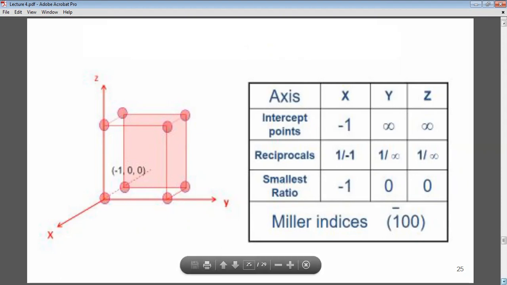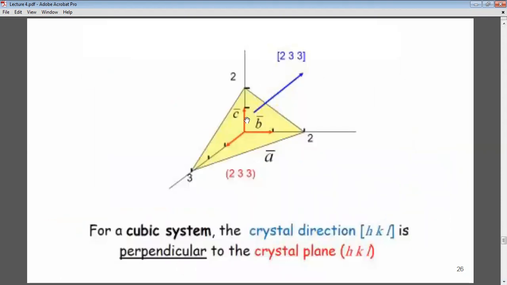Okay, now, if I take, for example, this case, where I look at the crystal direction and the crystal plane at the same time. In blue, we see the crystal direction. It is 2, 3, 3. If we look at this plane in yellow, this is the crystal plane.